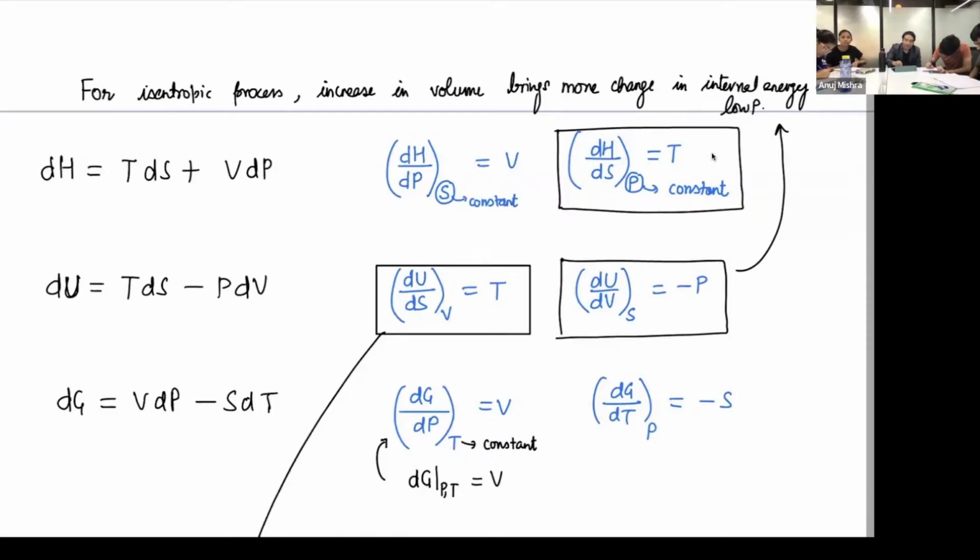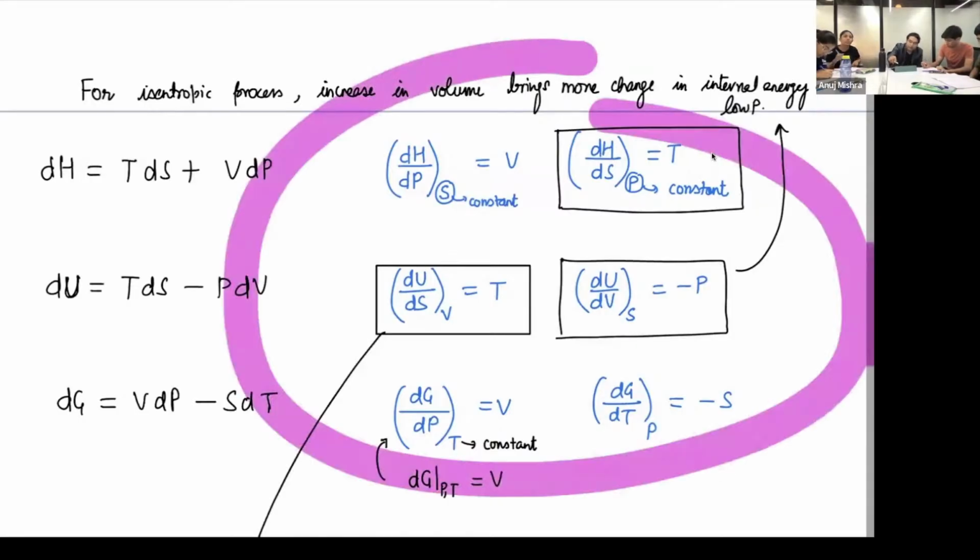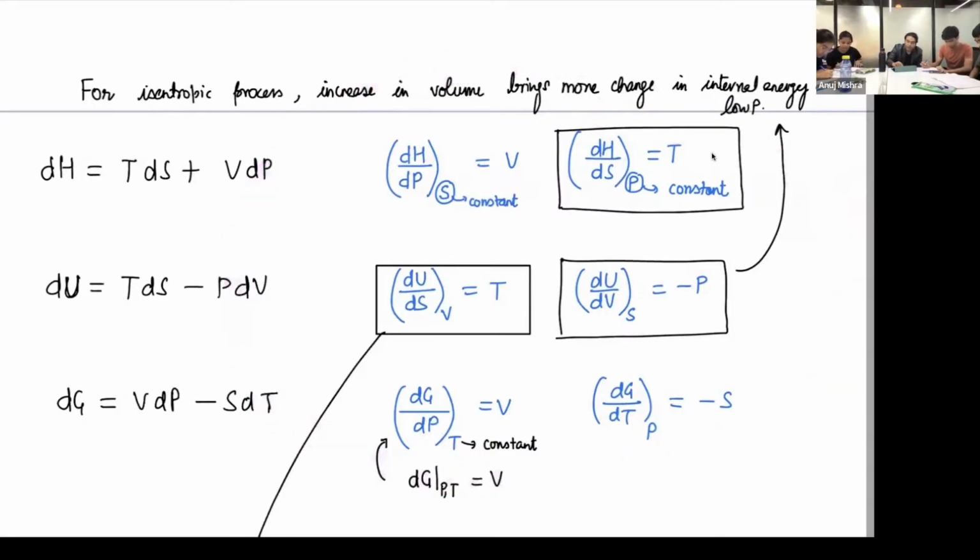Answer is hidden in these 6 statements. यही पे लिखा Brings more change in internal energy. Correct. dU by dV at constant S is minus P. ध्यान से देखिए इसको. Constant S means isentropic process. dU upon dV indicates how U changes when V changes.